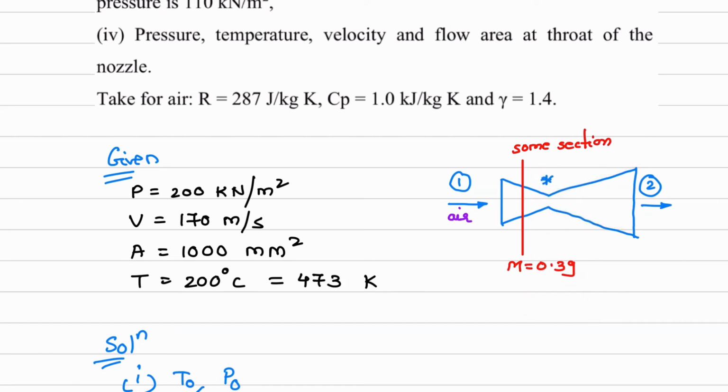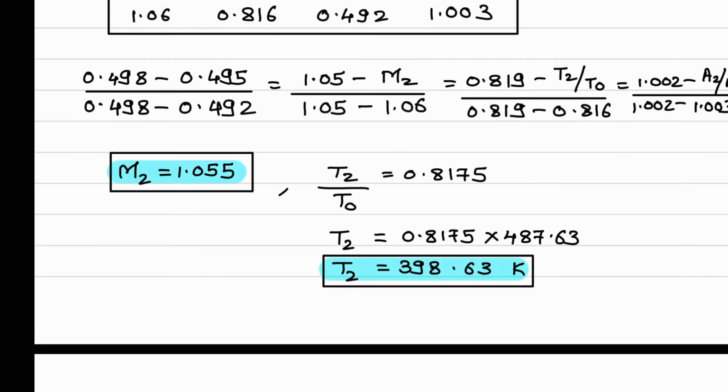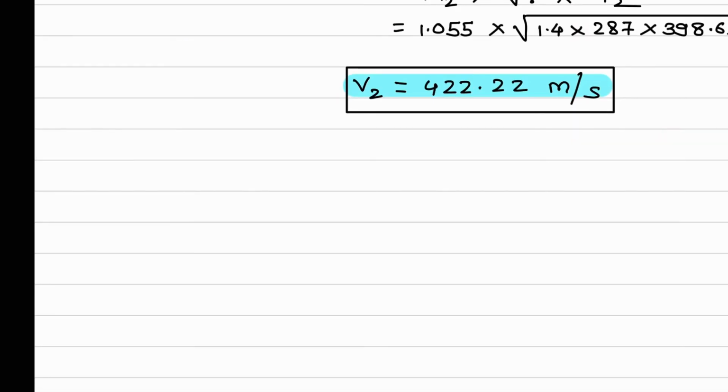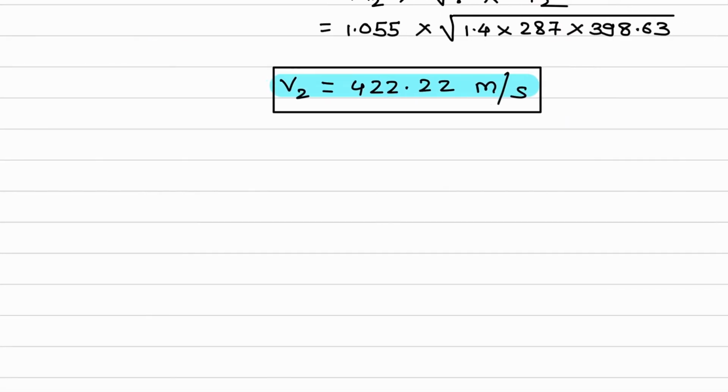So here what I have to find exactly, I'll write it down: P star, T star, V star and A star, out of which A star we have already found out. So I'll write down the next heading, heading number 4 of the calculation: P star, T star, V star and A star.